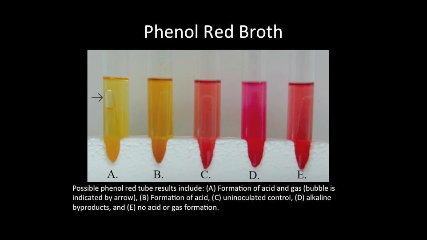Test tube A is also positive for gas production. The arrow indicates where the bubble in the Durham tube is located. Test tube D has become more pink in color, indicating that the bacteria have produced alkaline byproducts from peptone breakdown. And test tube E has been inoculated but shows no change.